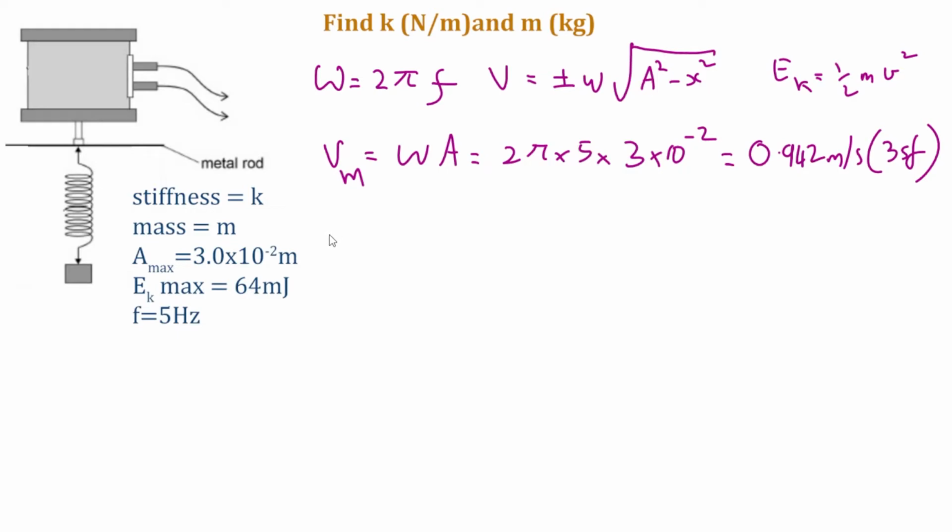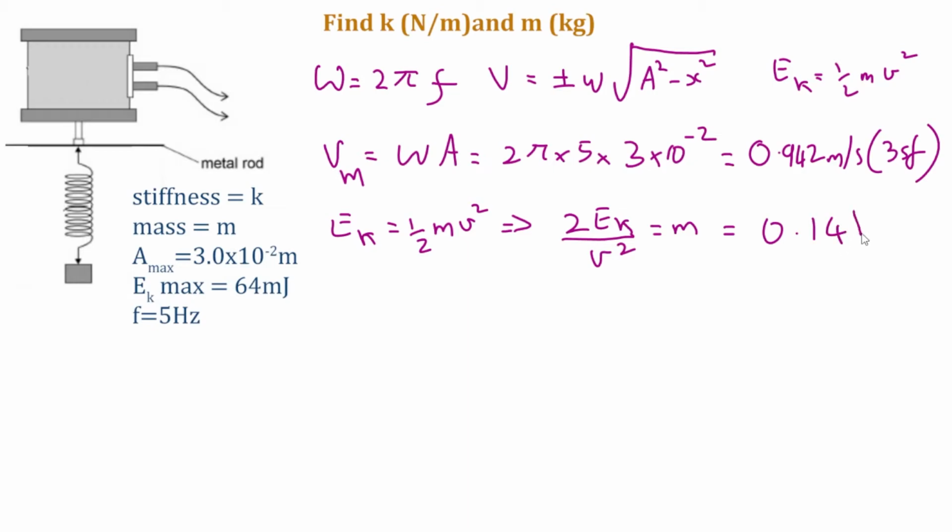Now it's just a question of rearranging the kinetic energy formula and putting in the values. So 2 EK over v squared equals m. And again, putting in the values will lead us to a mass of 0.14 kilograms, 2 significant figures.